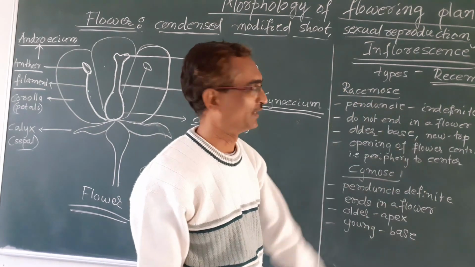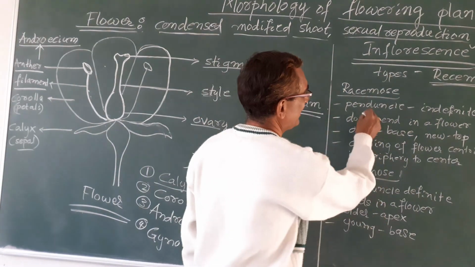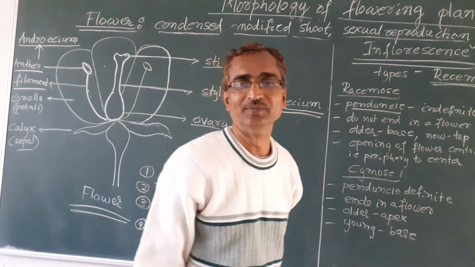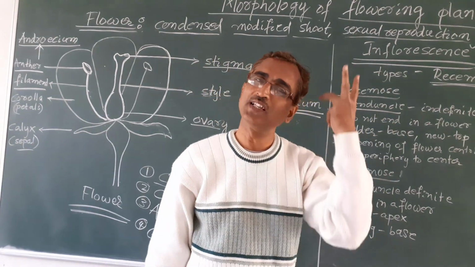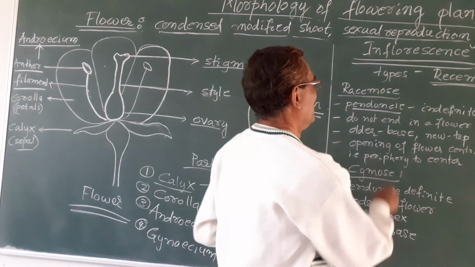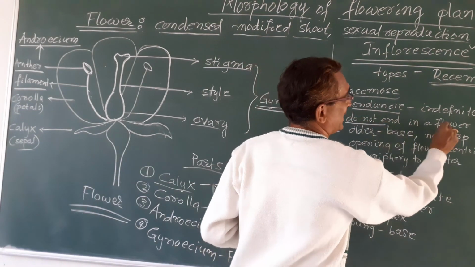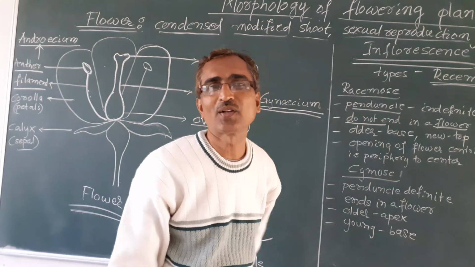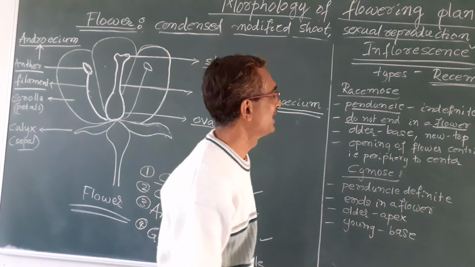In racemose, the growth of the peduncle is indefinite; it grows indefinitely. The peduncle does not end in a flower. It continuously grows and does not end with a flower.